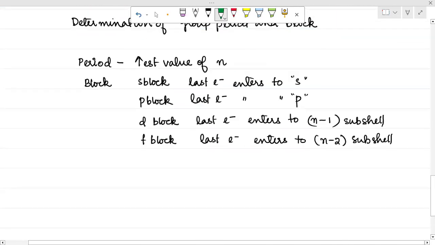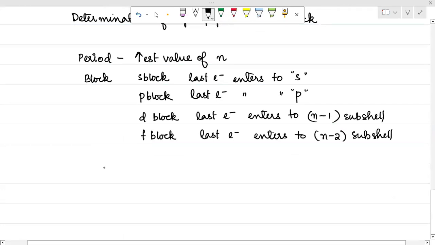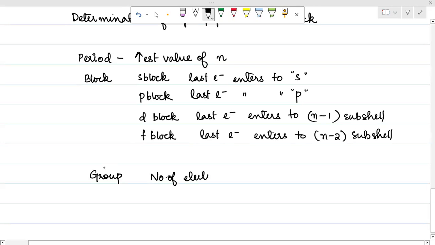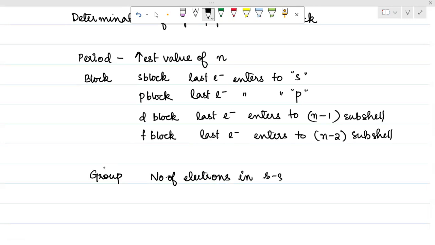Now the next one is to determine the group. If it belongs to the S block, it is just the number of electrons in the S subshell.